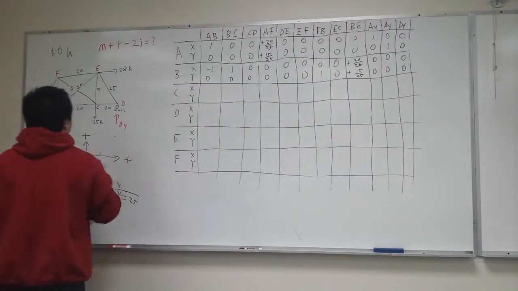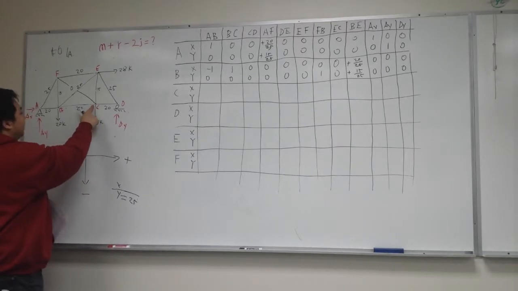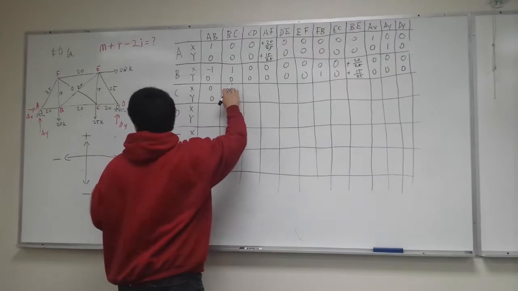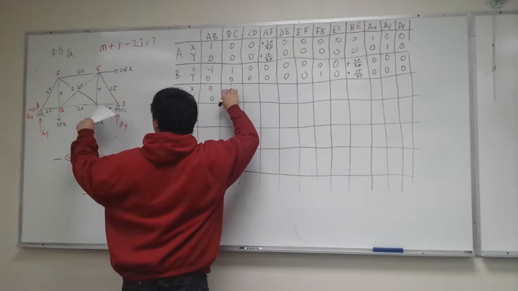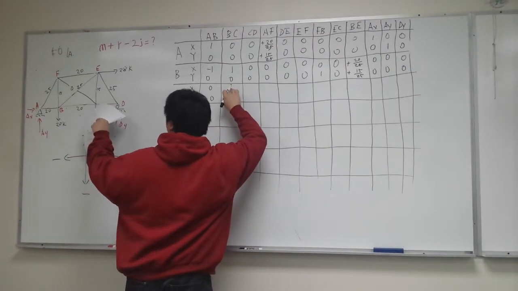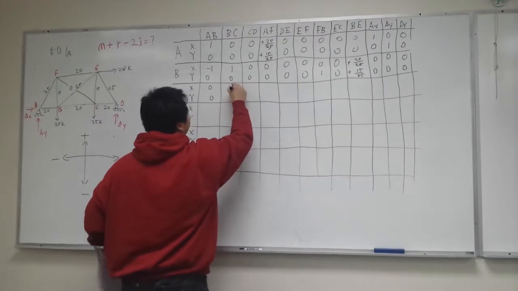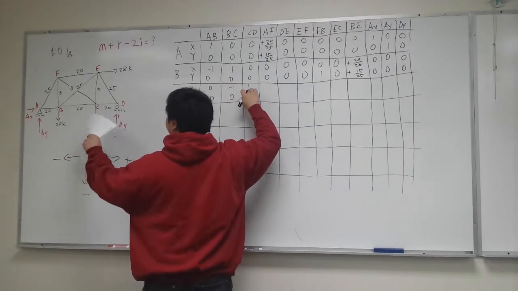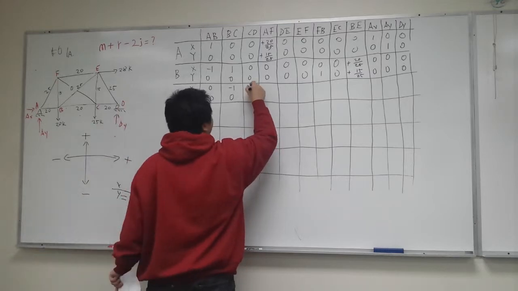Point C, right here. AB had nothing to do with that, so it's 0. BC, going backward from C to B, so it's negative 1, 0. CD, so it's 1, 0.